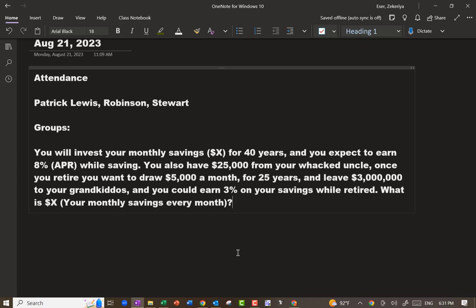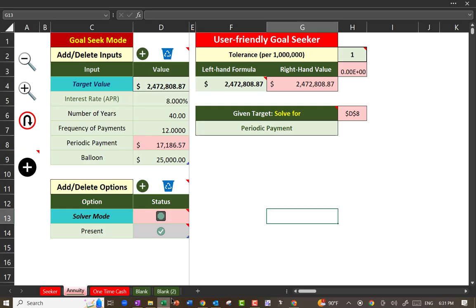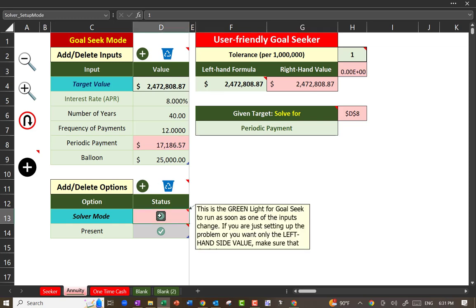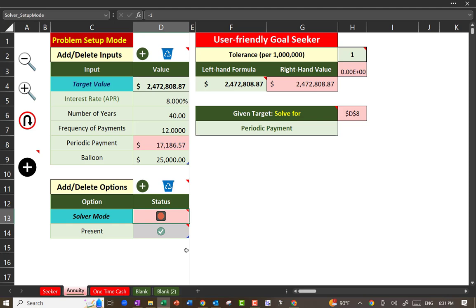First and foremost, since I'm going to calculate a final value, I'm going to get this out of solver mode. That becomes a red light if you double click on it. And I want present value, so that's already done. Now, I don't have to worry about target value.